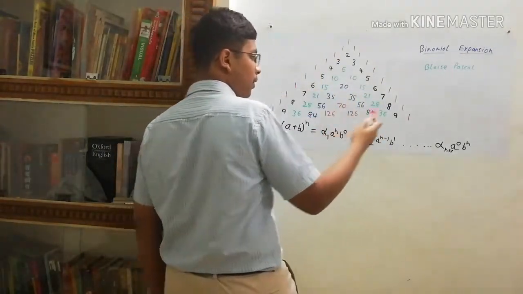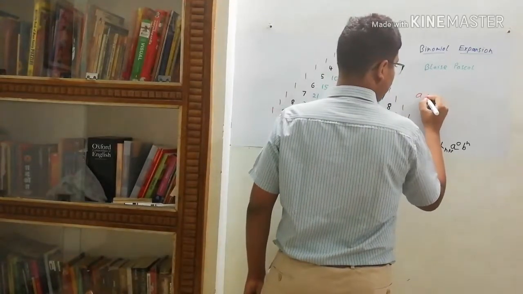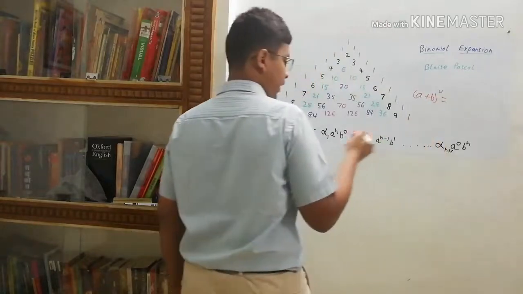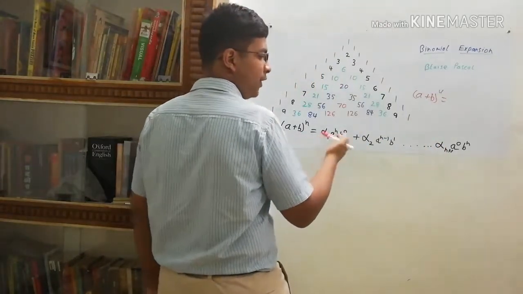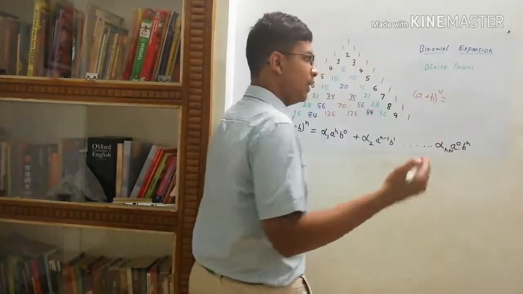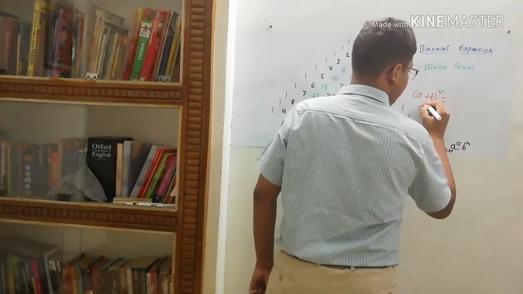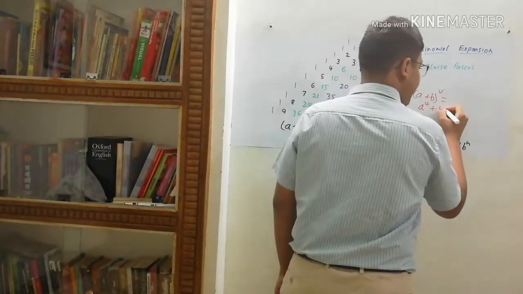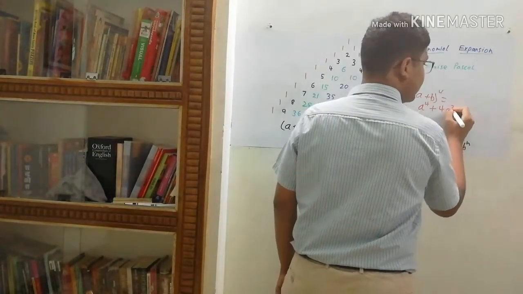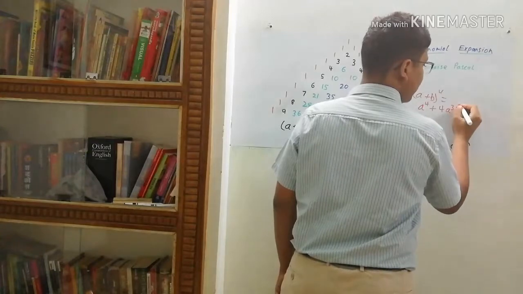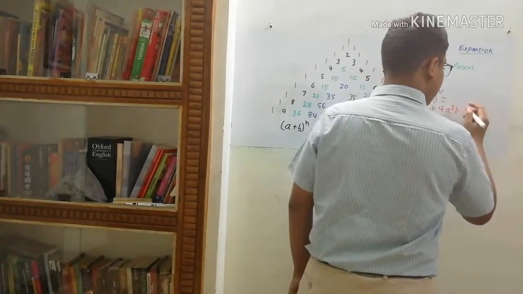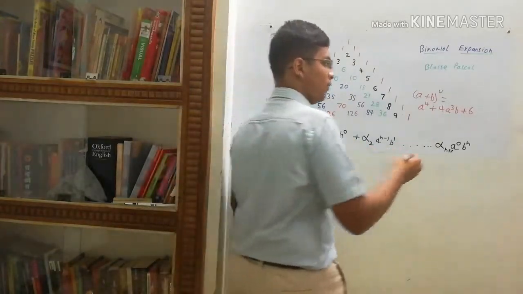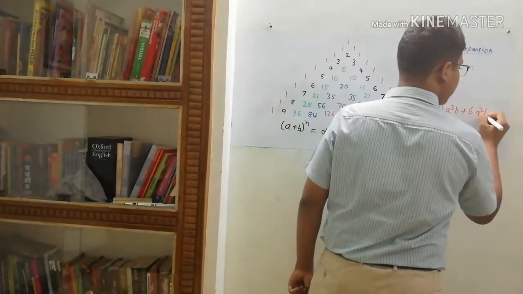So let's write for the fourth row. (A plus B) to the power 4 is equal to 1 into A to the power 4, B to the power 0, which is A to the power 4, plus 4 A to the power 3 B to the power 1, plus 6 A square B square.